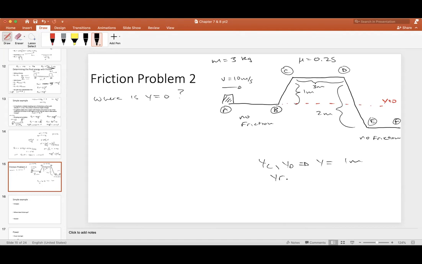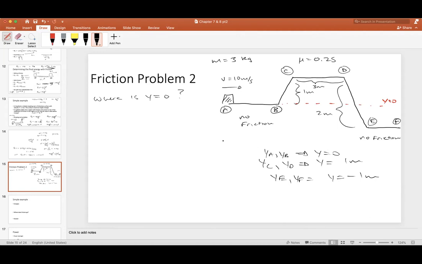And at ye and yf, y is going to be negative 1 meter, because it was at 1 meter, 0, negative 1, right? It's a drop of 2 meters. And at ya and yb, y is equal to 0. Does that make sense, I hope? So we start at 0, we go up 1 meter, we go down 2 meters.